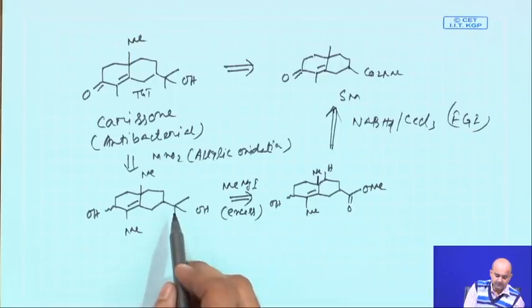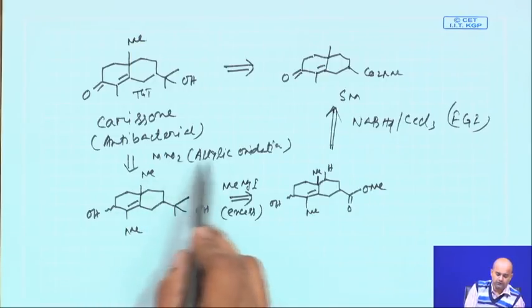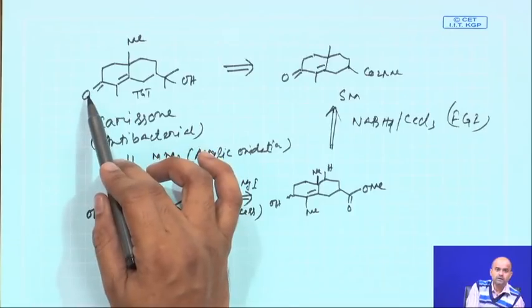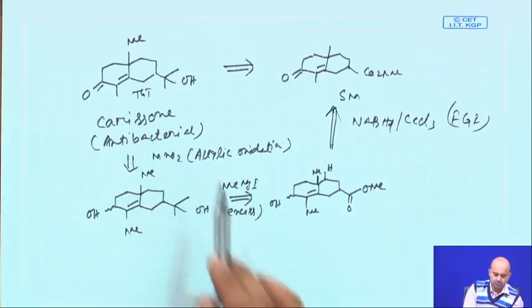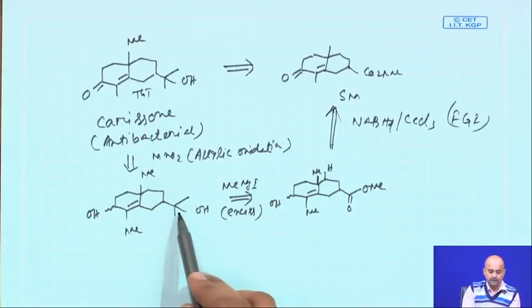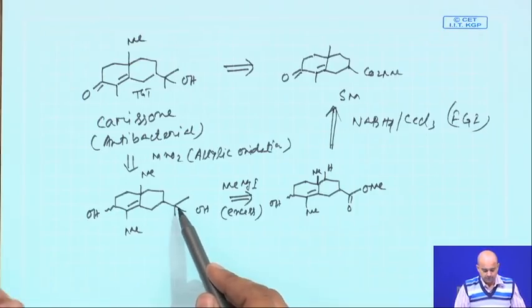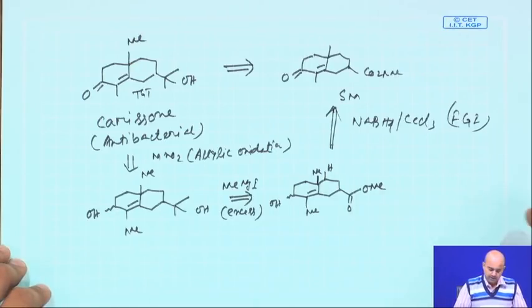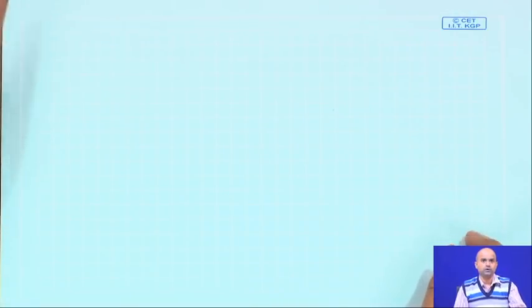Then you have the tertiary alcohol and the allylic secondary alcohol, and you do a simple allylic oxidation. Here we are not using any protection, because in the tertiary alcohol there is no abstractable hydrogen, so in principle it will not undergo any kind of oxidation. That is a very standard, straightforward problem.